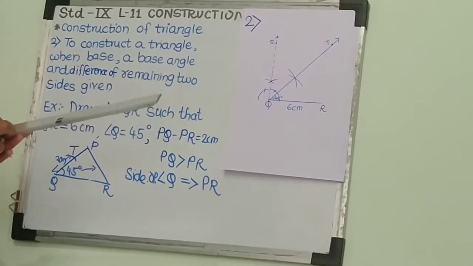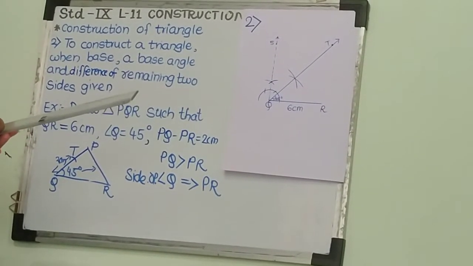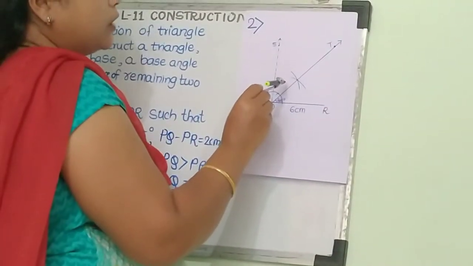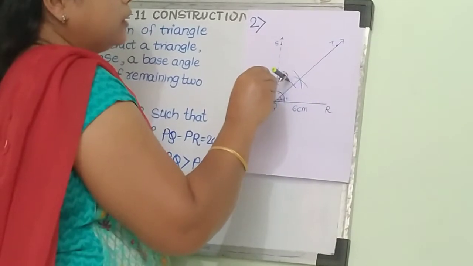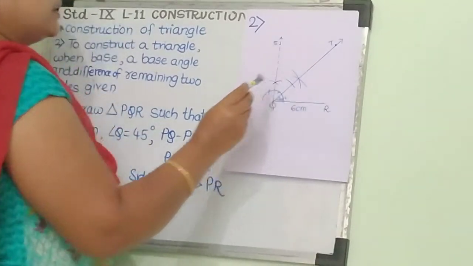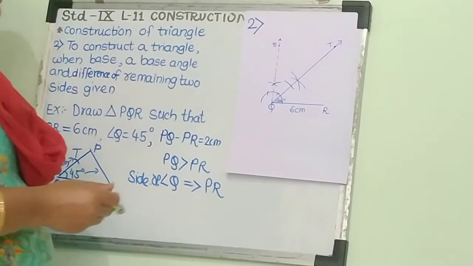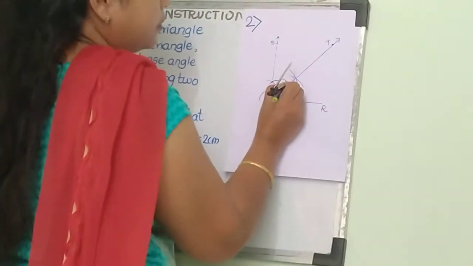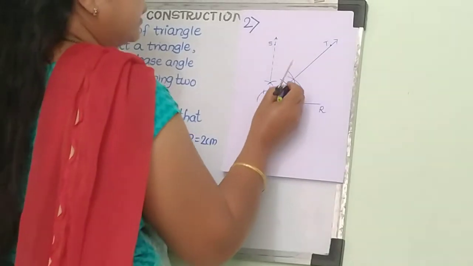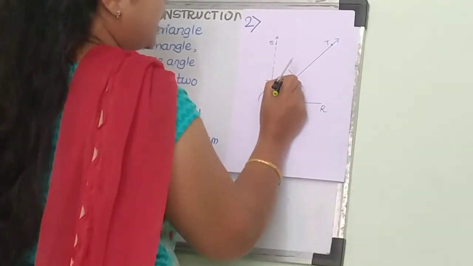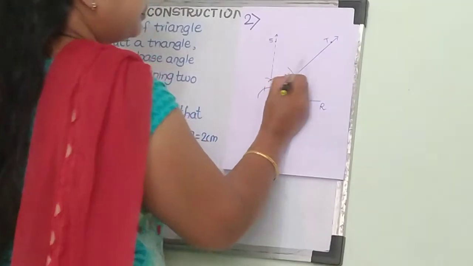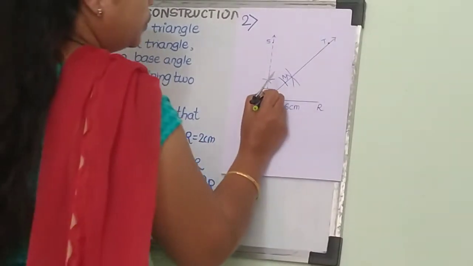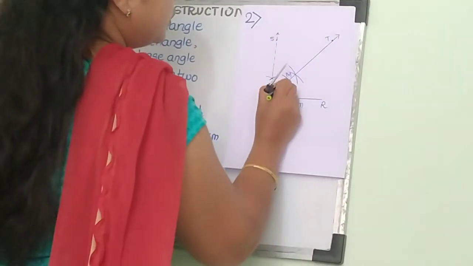So first I will take that difference in our compass and mark the arc from Q on QT. Where it comes is our point; suppose we take the point as M. So QM is of 2 centimeter.